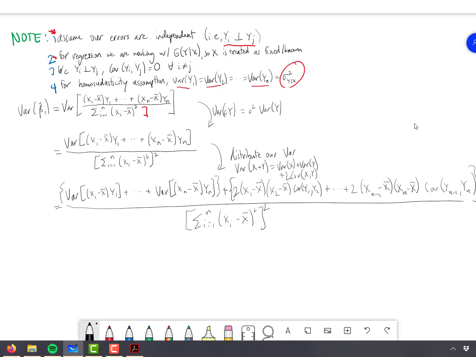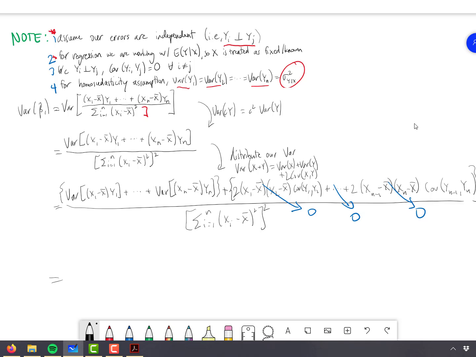Again, because of the assumption of independence from point 1 above, which implies point 3, the covariance between any two of our y's is 0. So everything in our dot dot dot goes to 0, and this really long chunky part all goes to 0.